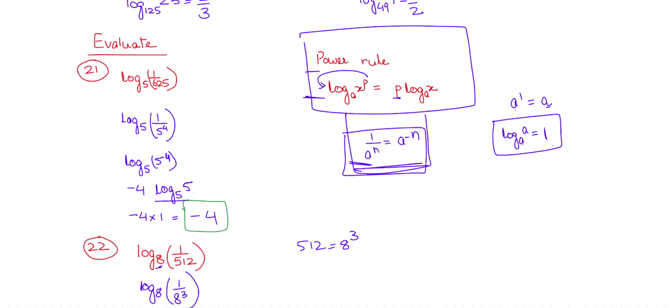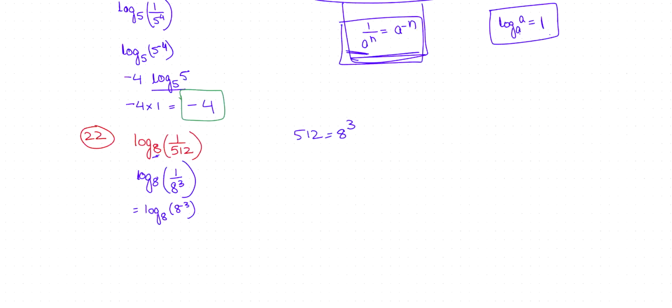So we will write minus 3 times log base 8 of 8, which we know is equal to 1. So this is negative 3 times 1, which is negative 3. So negative 3 is the answer.